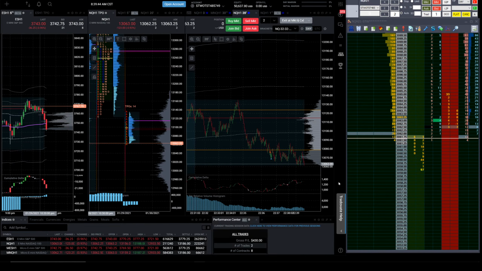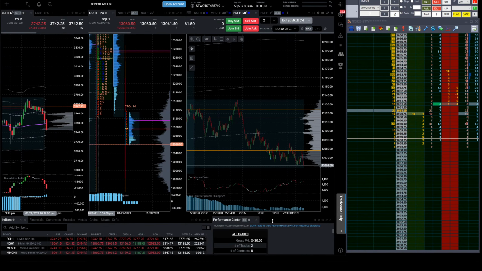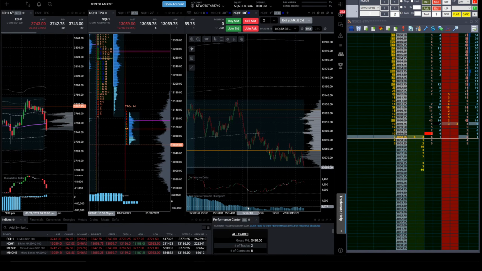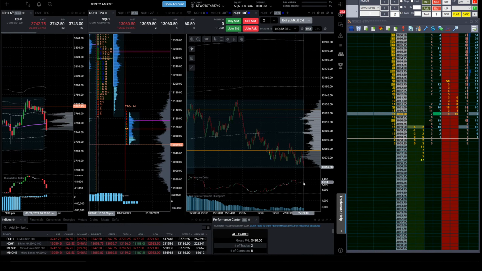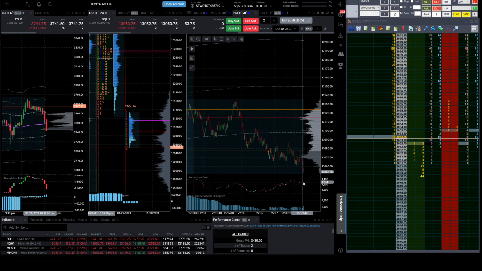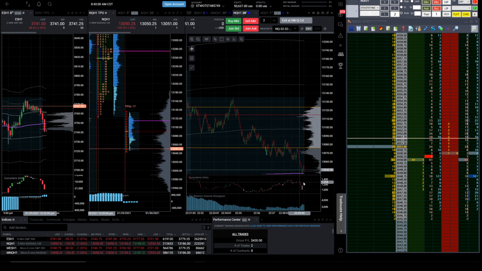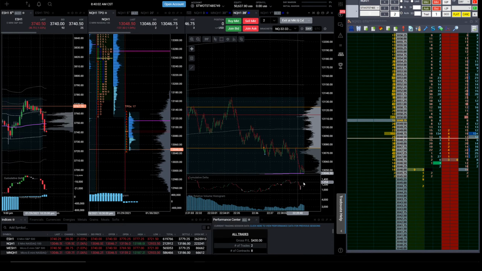Buyers are definitely in control all across this consolidation area. Not sure what's going to happen here. Our relative volume is low, only 3,000 shares. Whoa, there we go. Fell out of bed on that one.